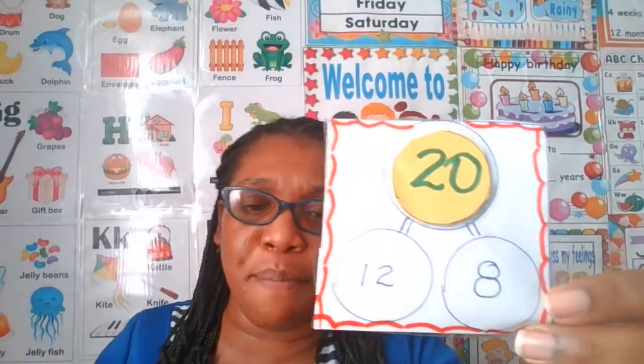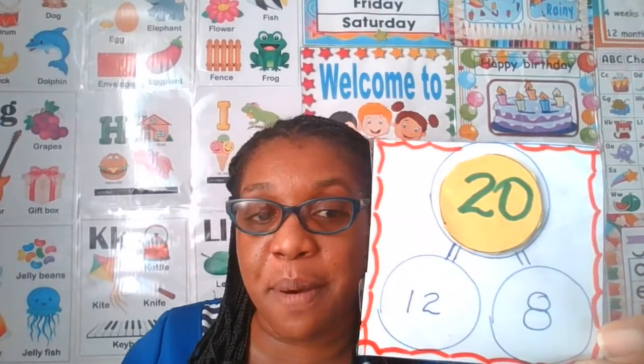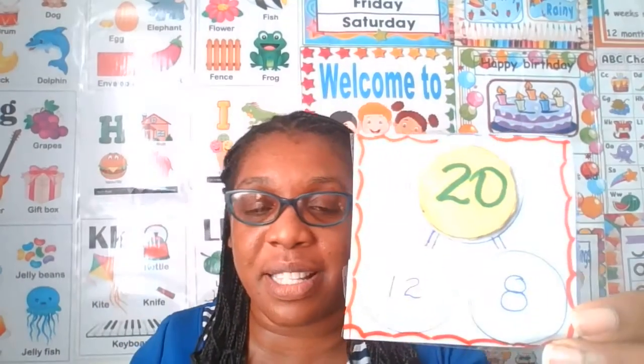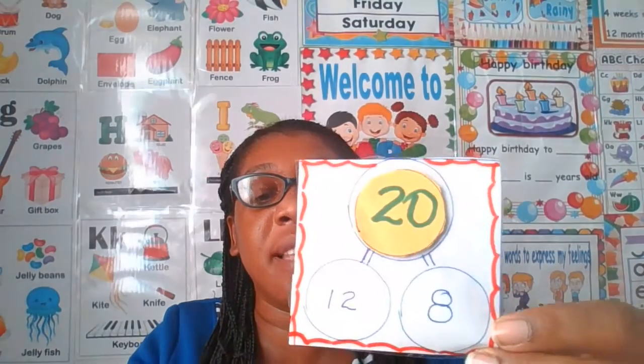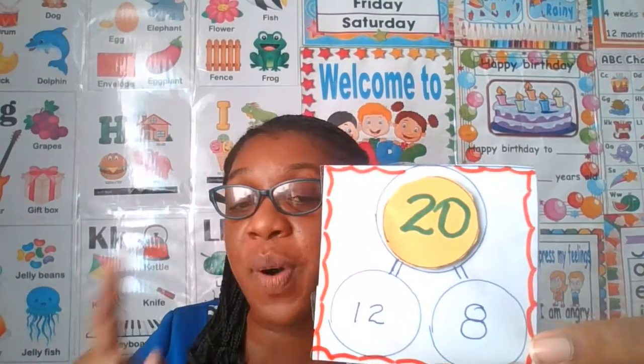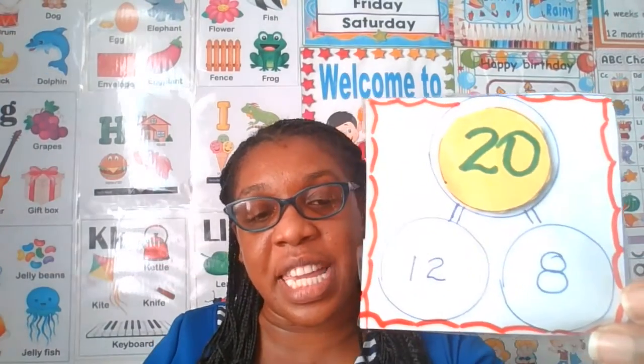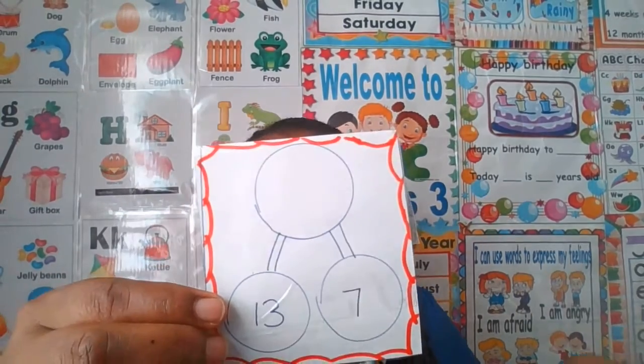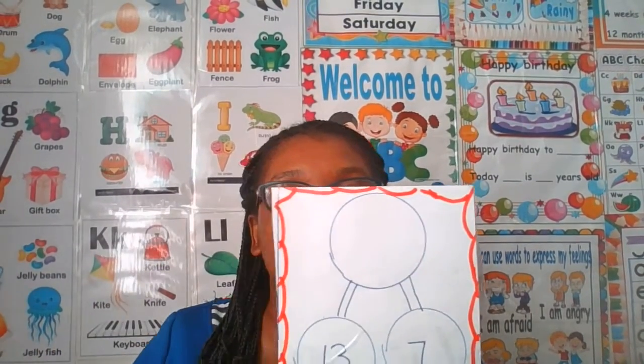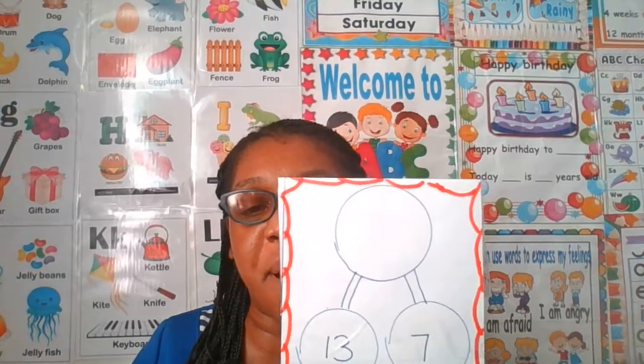Number bonds, number bonds. I know my number bonds, number bonds, number bonds. That make 20. 12 plus 8 equals 20. 12 plus 8 equals 20. number bonds, number bonds. I know my number bonds, number bonds, number bonds.